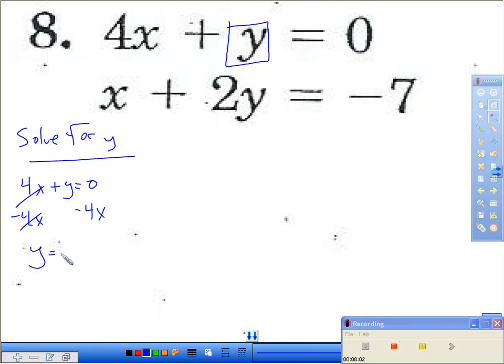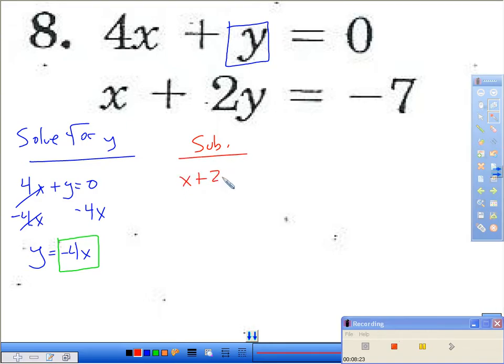So y equals negative 4x plus 0, or I'm just going to leave it as negative 4x. So what that tells us then is that anytime we see a y in our system of equations, we can substitute negative 4x in for it.